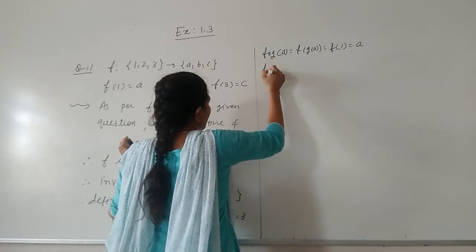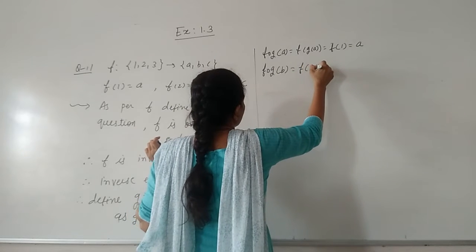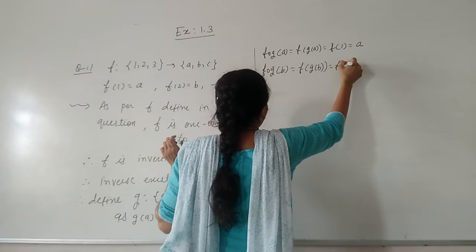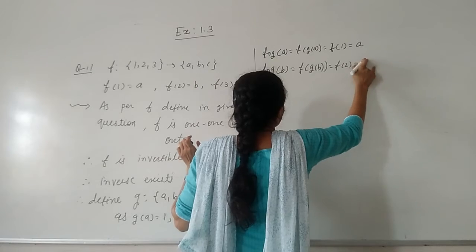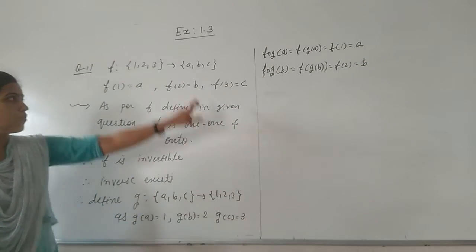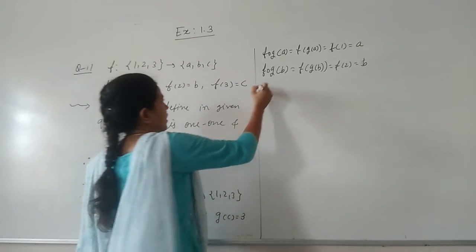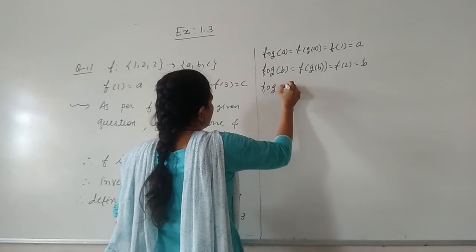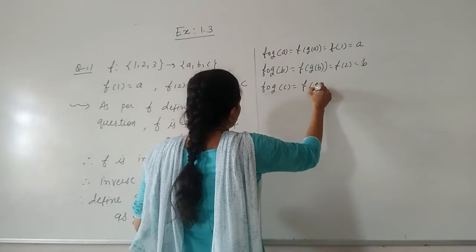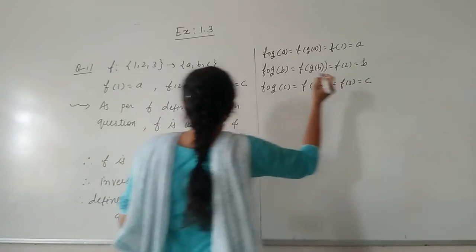Similarly, f composition of g of b, that means f of 2, that is equal to b. You can see what is g of b? 2. What is f of 2? b. Okay, and then f composition of g of c, that is f of 3, that is equal to c.